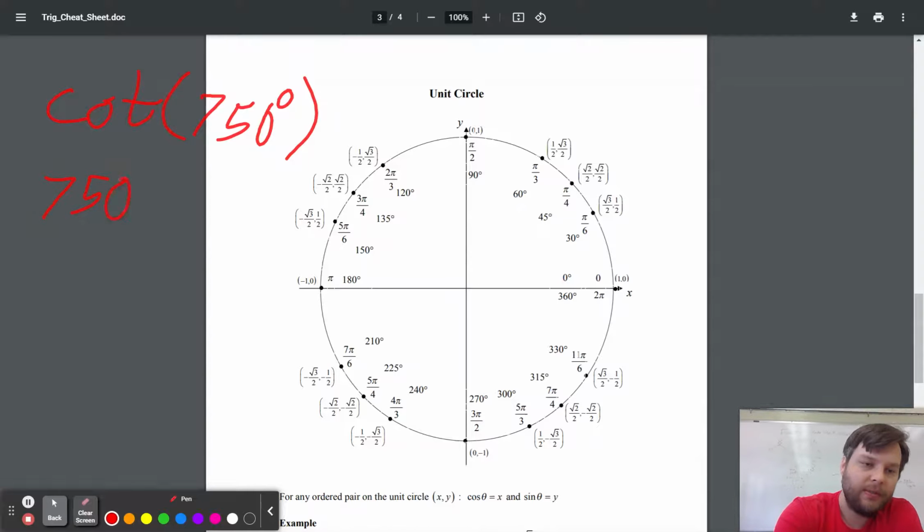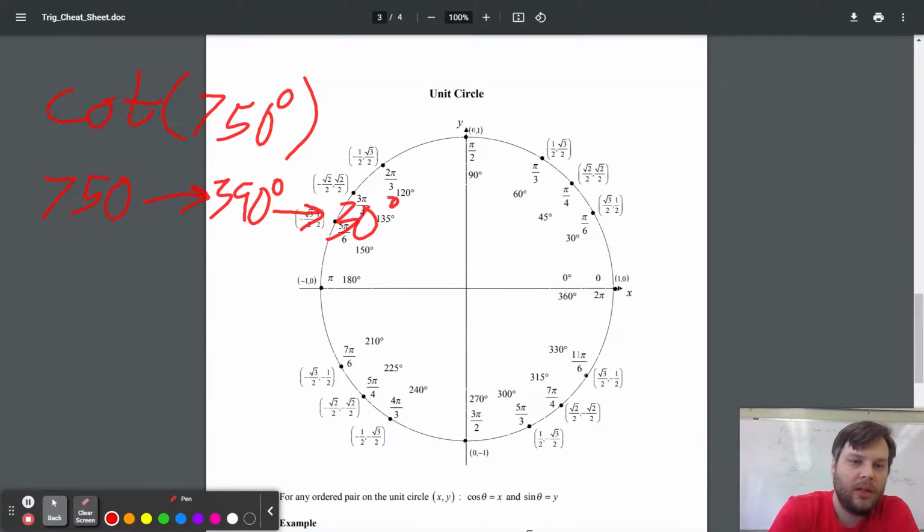So if I do 750 and take away 360, that becomes 390. And then if I take away another 360, that becomes 30. So the cotangent of 750 degrees is the same as the cotangent of 30 degrees.